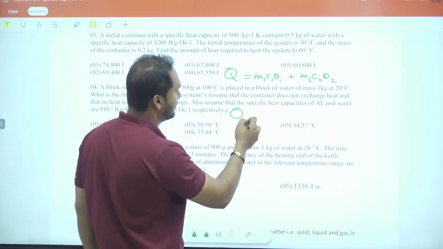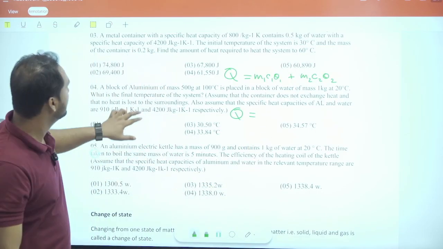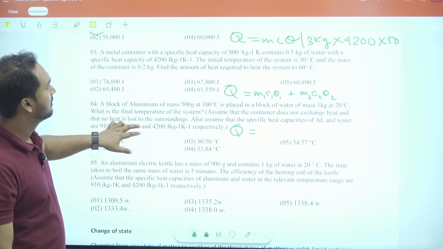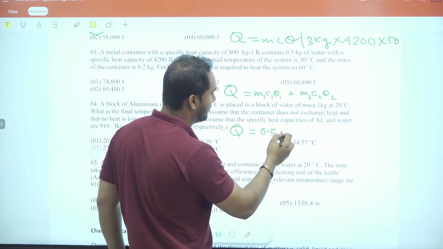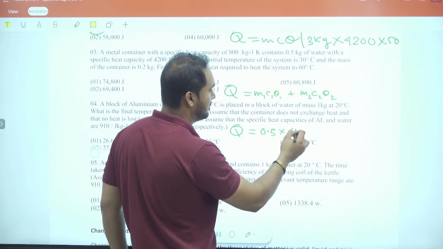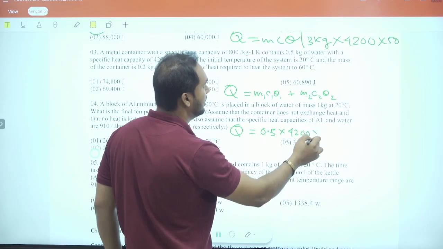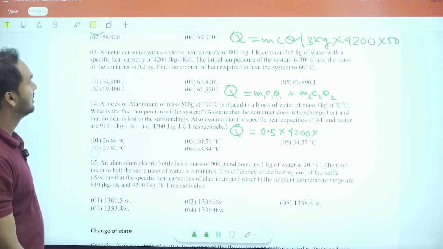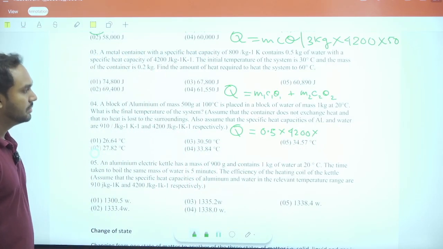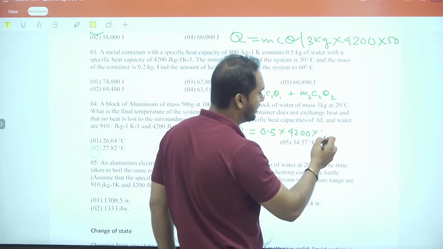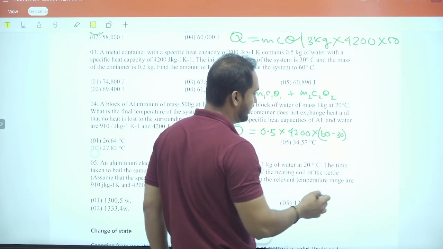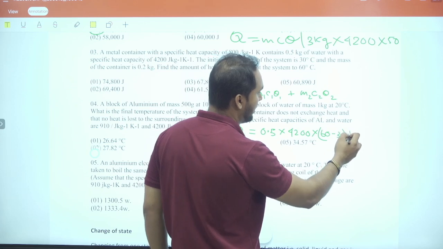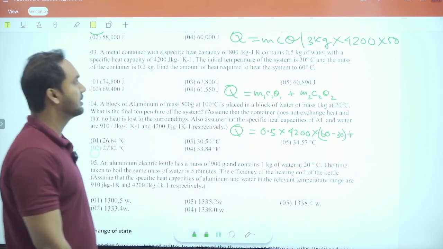So the Q equals mass of water 0.5, right? 0.5 into specific heat capacity is 4200 and its temperature difference is 30 to 60, right? So 60 minus 30, always deduct the lower amount from the greater amount, plus you have to add the mc theta of the container as well.